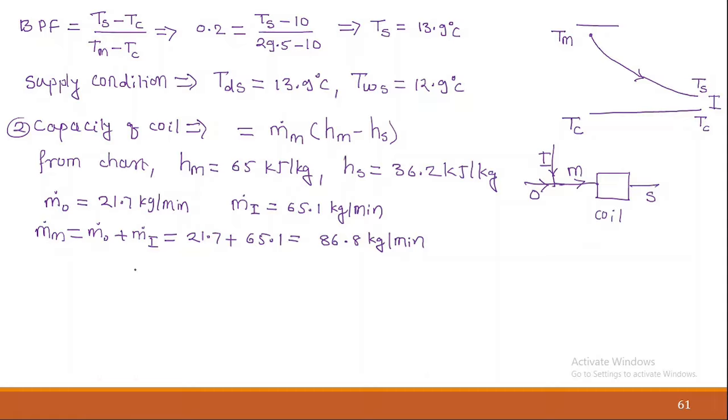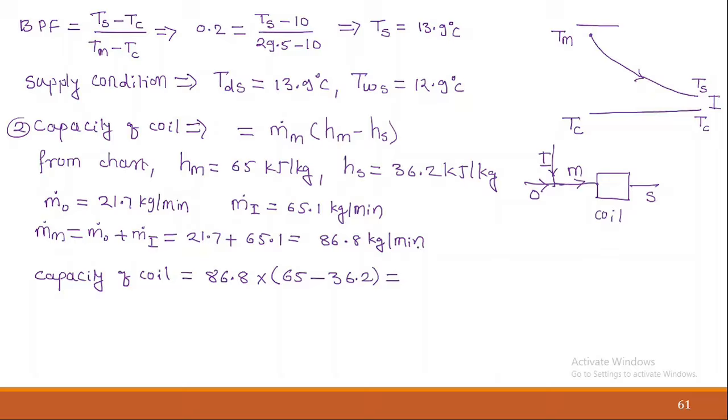Okay. Now, to find out the capacity of the coil, we can write now capacity of coil, cooling coil, that would be equal to m dot m multiplied by (hm minus hs). So it is equal to 86.8 multiplied by hm, it is 65, and hs 36.